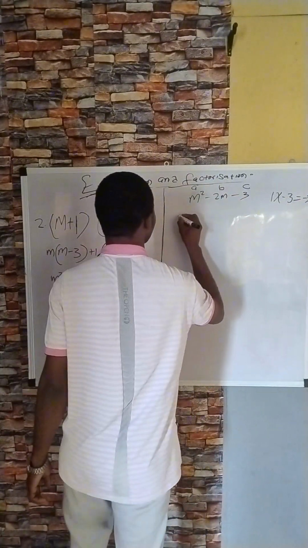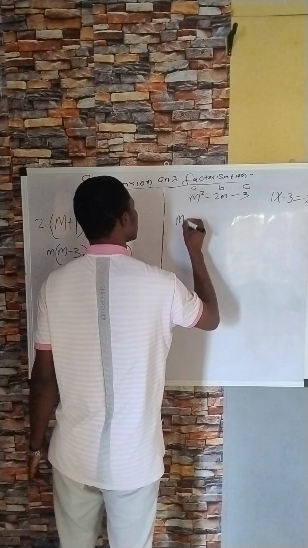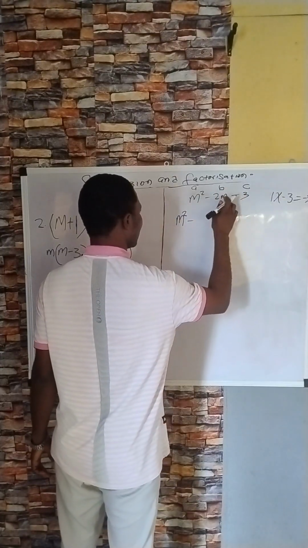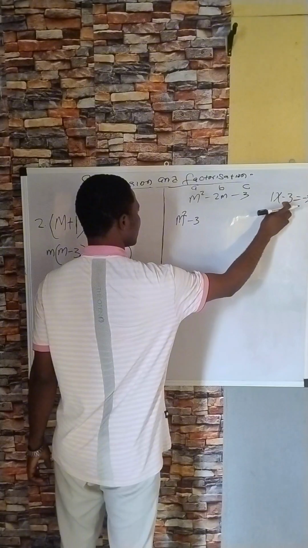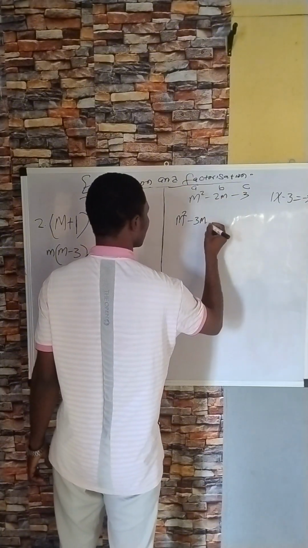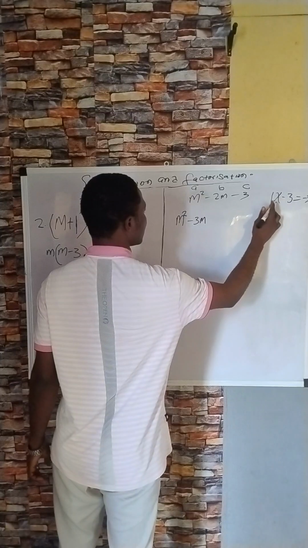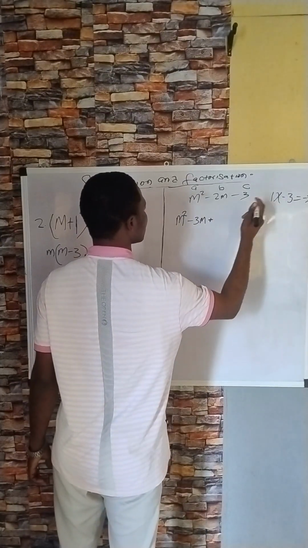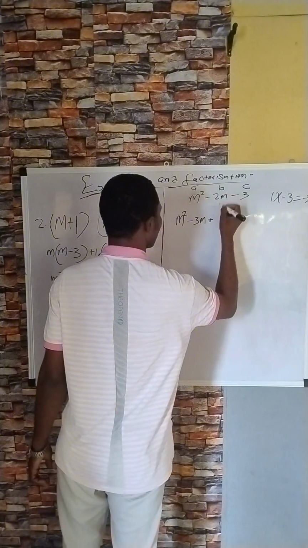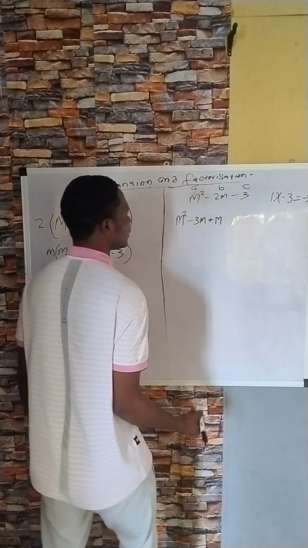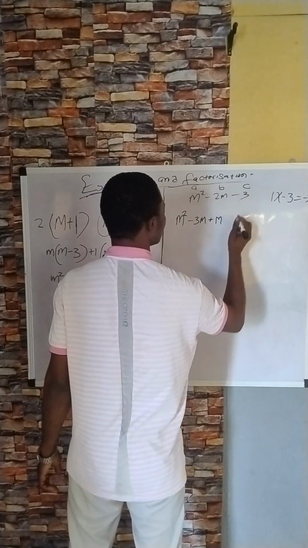And let's see what we get. This will be m squared minus 3m plus 1m, which is the same as m, and then you bring down c.